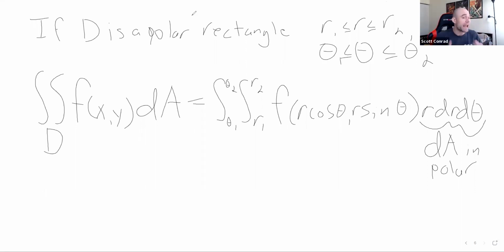So you have to multiply everything from the function, where you replace x with r cos theta and y with r sine theta, by r. If you want to see why, they explain this in the book. But yeah, you take r from r1 to r2, theta from theta1 to theta2, and dA becomes r times dr d theta. And in the function, you replace x with r cos theta, y with r sine theta.